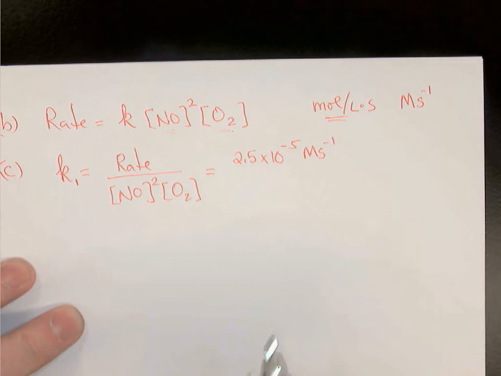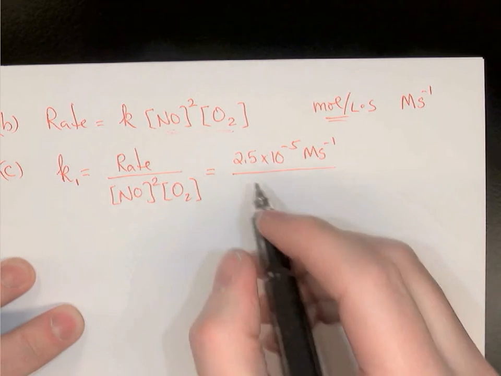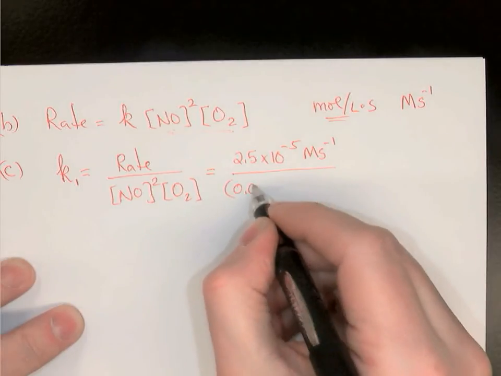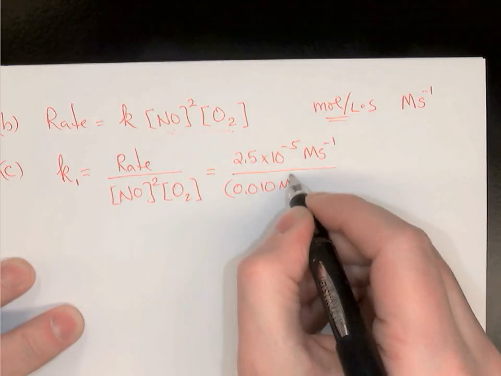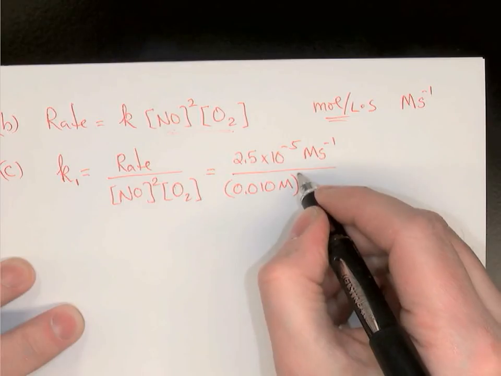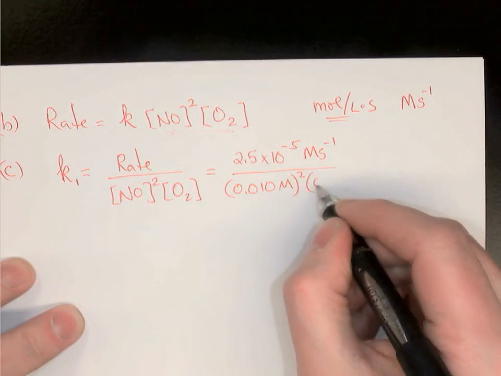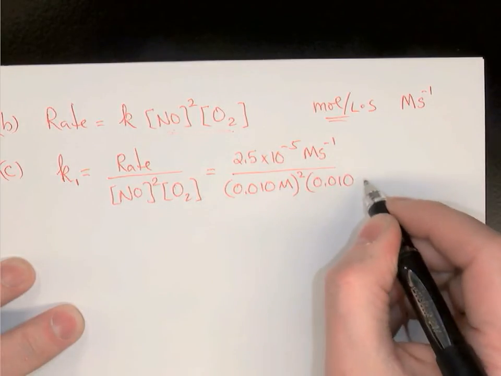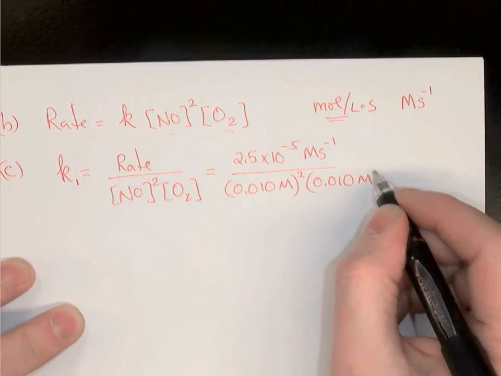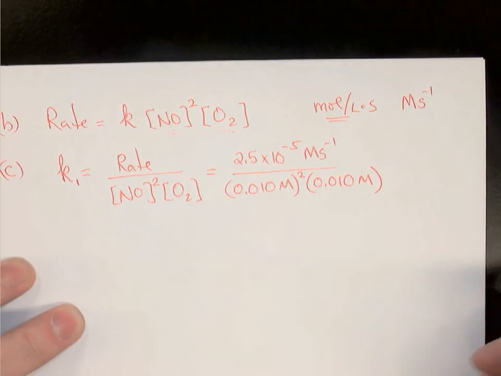Divided by the concentration of NO, which is 0.010 molarity, moles per liter, and we have to square that, times the concentration of oxygen, which was also 0.010 molarity, and that's just to the power of 1.